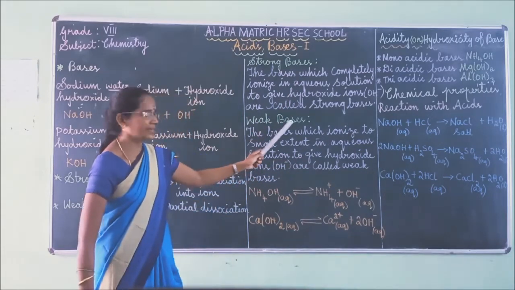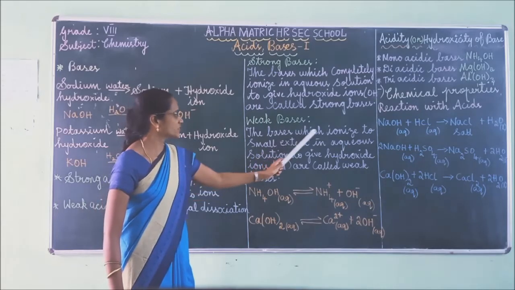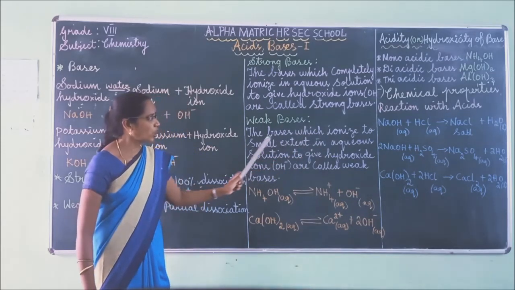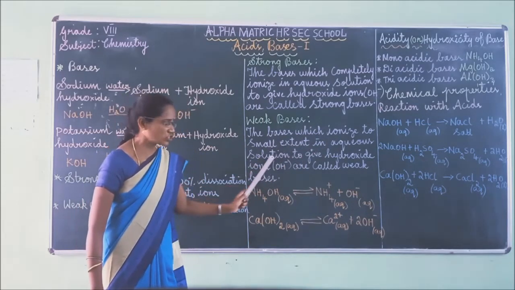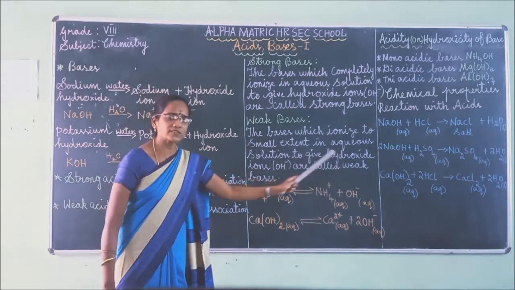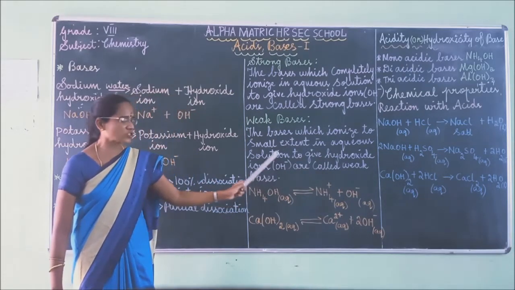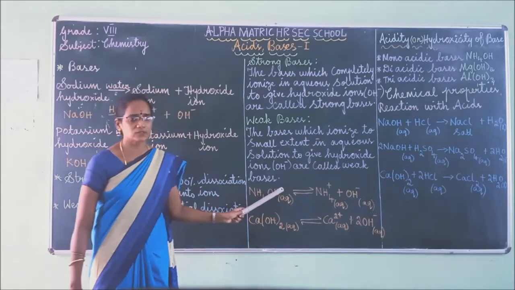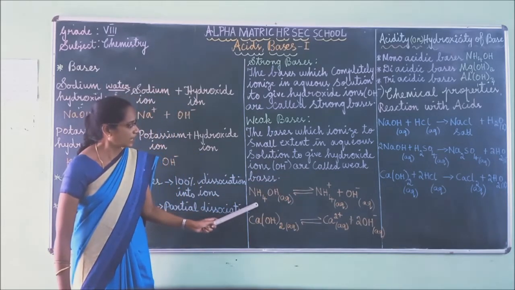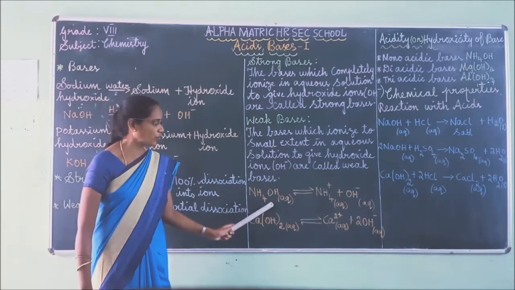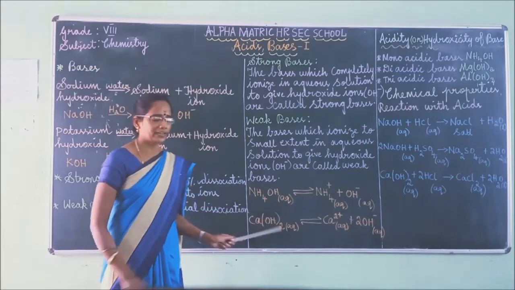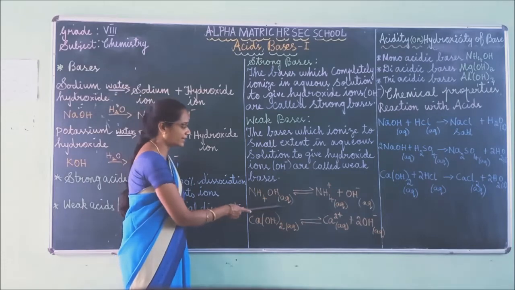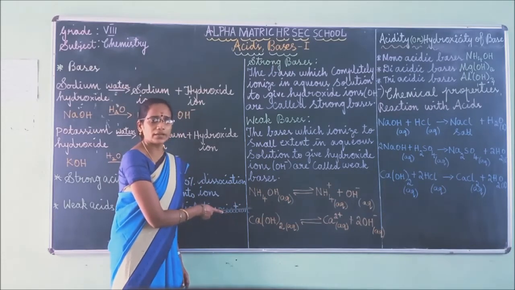So weak bases are bases which ionize to a small extent in aqueous solution to give hydroxide ions, that is OH minus ion. Example: ammonium hydroxide, NH4OH. Here you have to write the name of the particular compound.